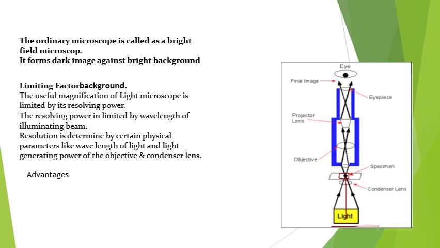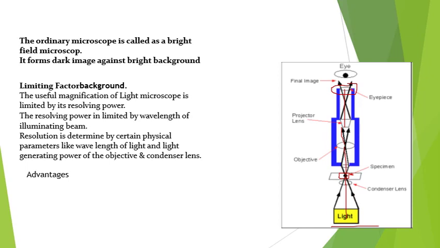After transmitting through this specimen, it enters into the objective, and this objective lens then passes this light to a projector lens, and the projector lens ultimately forms an image at the eyepiece. So here we attain a final image. This is a very basic principle of bright field microscope.